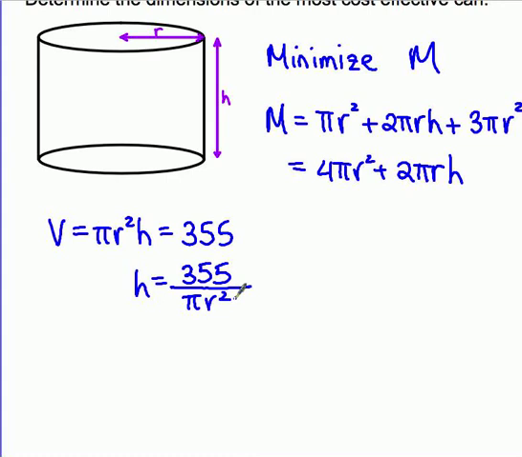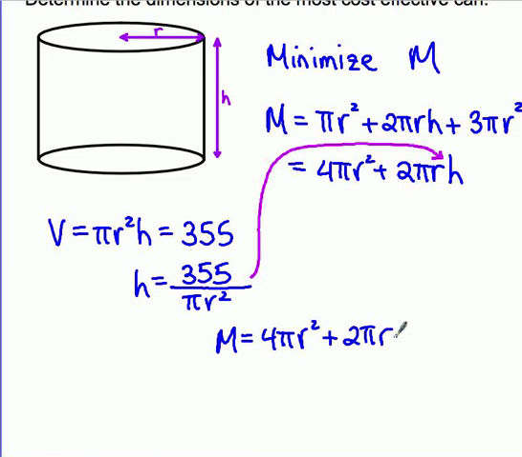And this now can be substituted in for that h. And so my final formula becomes M equals 4 pi r squared plus 2 pi r times h, which is now 355 over pi r squared.